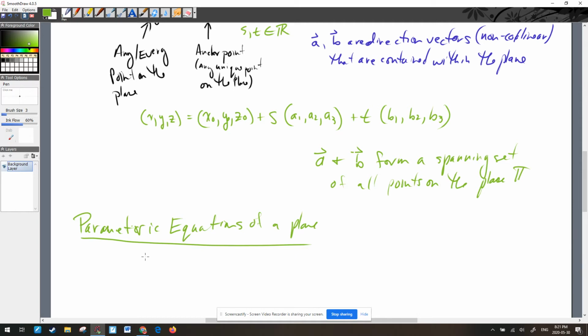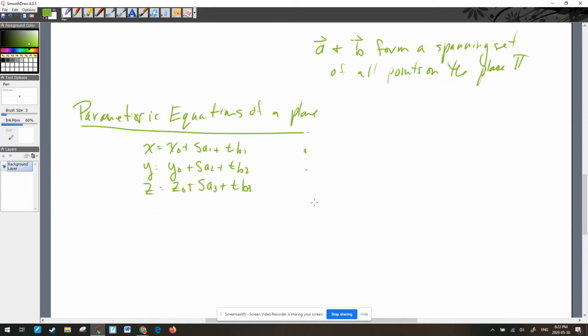And so we're going to say, oh, well, we have x is equal to x naught plus SA1 plus TB1, right? There we go. And then we could say, that means that y is going to be y naught plus SA2 plus TB2, and z is equal to z naught plus SA3 plus TB3, right? So there are the parametric equations of a plane.